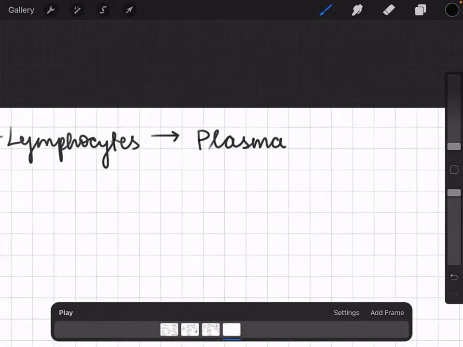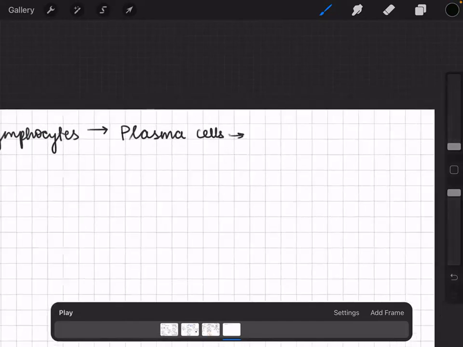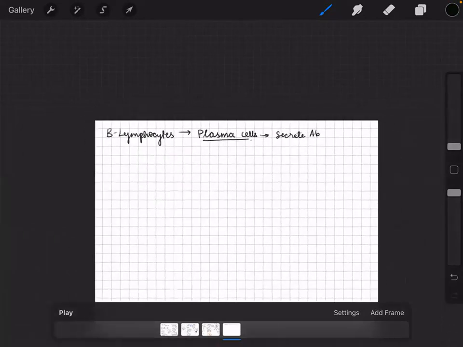Okay, plasma cells are all the cells in your body that are going to be able to secrete antibodies. So these cells are very, very efficient at identifying which cell is going to make antibodies.